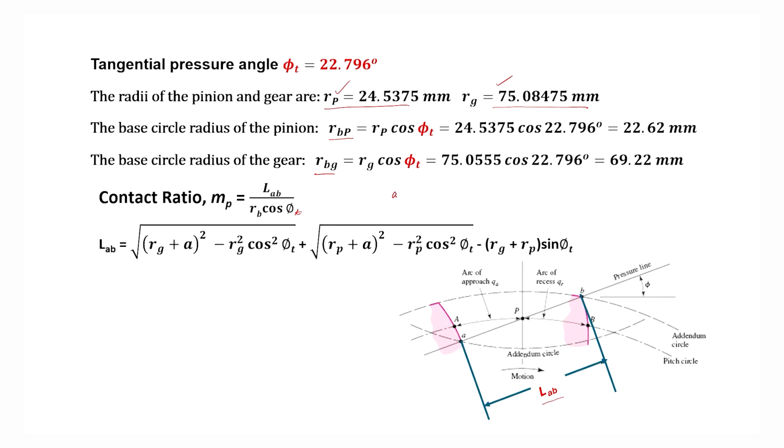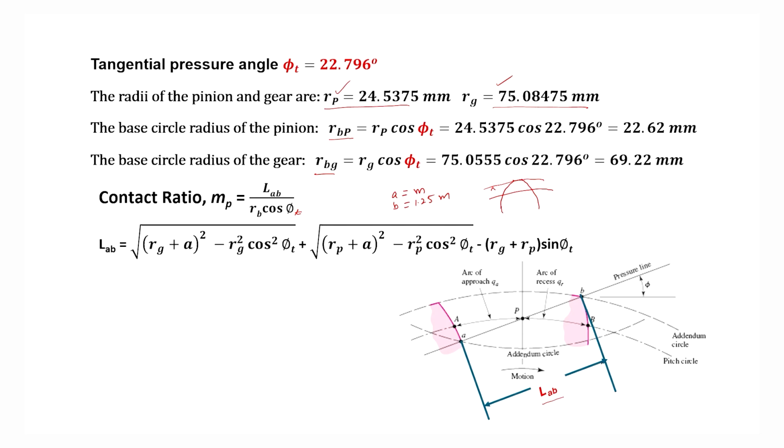Standard addendum is equal to 1 module, and standard dedendum is equal to 1.25 module. And addendum and dedendum, as we all know, is equal to, if this is your pitch circle and this is your addendum circle.